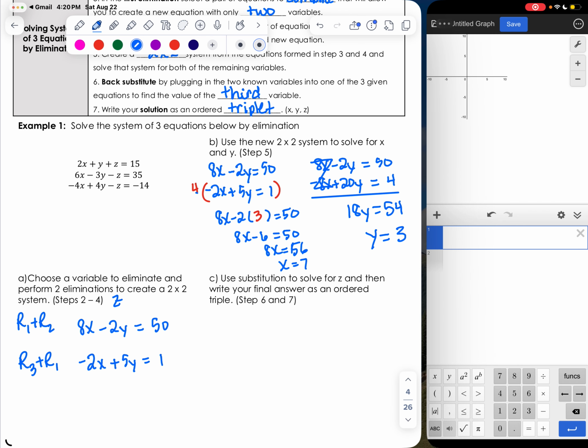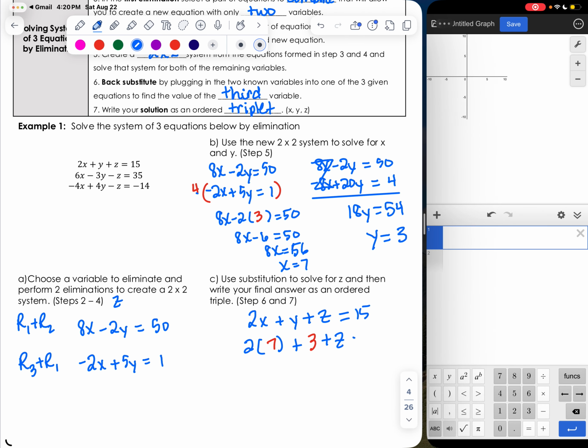So write down the one that you choose. I'm going to use 2x plus y plus z equals 15. And then for the x, I'll substitute in a 7. For the y, I'll substitute in a 3, plus z equals 15.